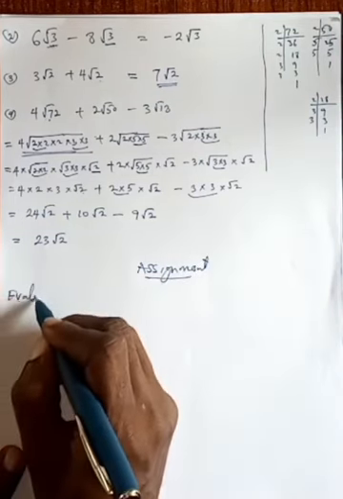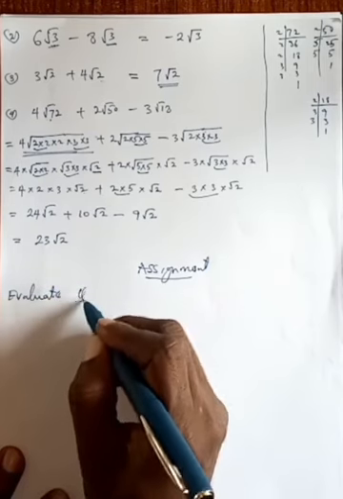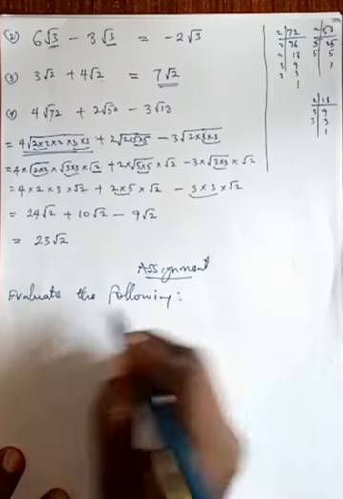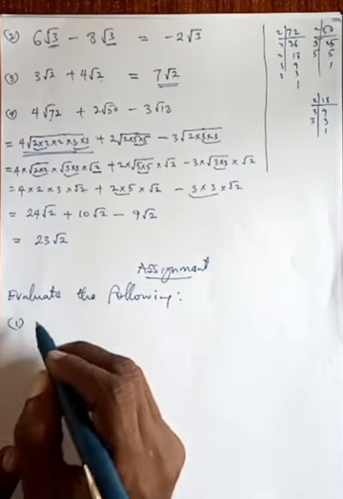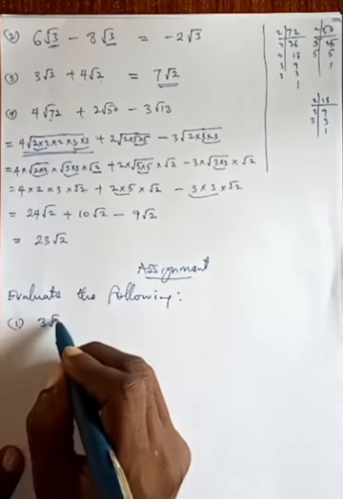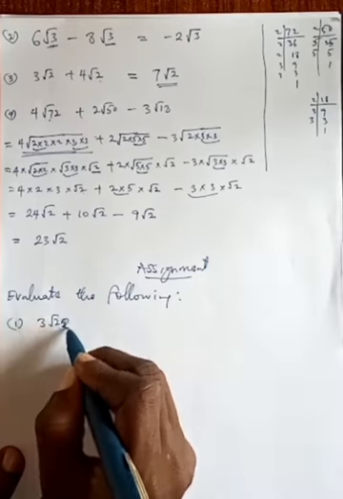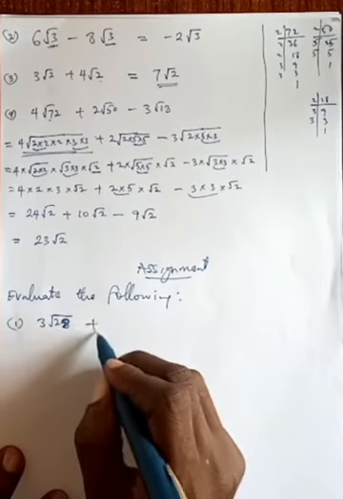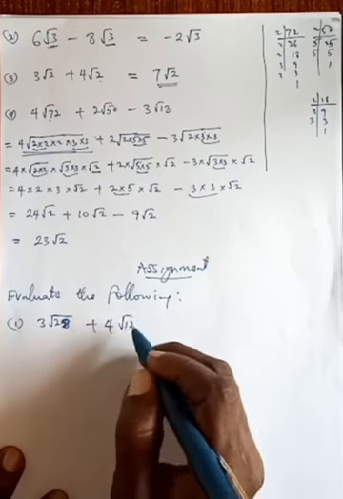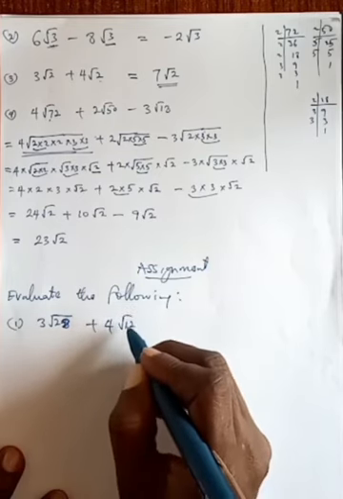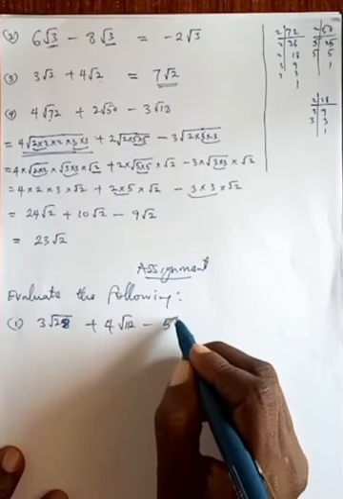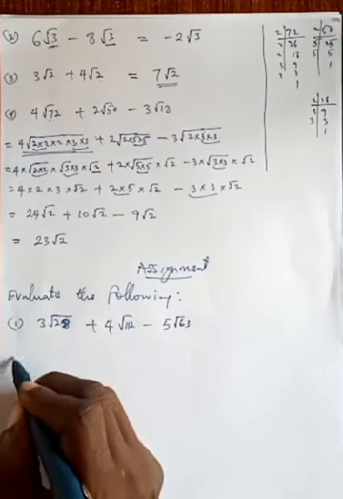Evaluate the following. Number 1, 3 root 28 plus 4 root 12 plus 4 root 112 minus 5 root 63.